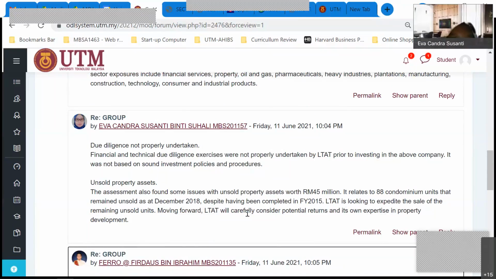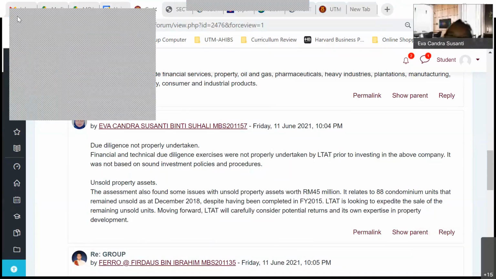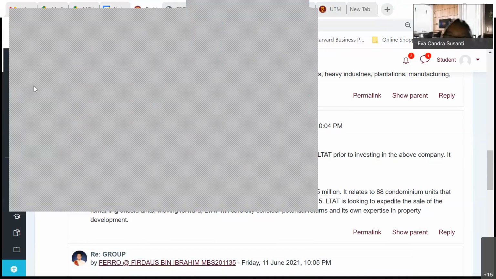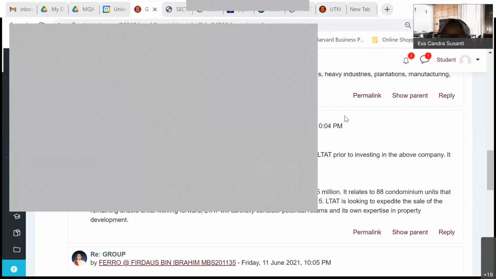Based on the explanation just now, the problem from LTAT is probably due to the financial and technical due diligence exercise not being properly undertaken by LTAT prior to investing in the above company.